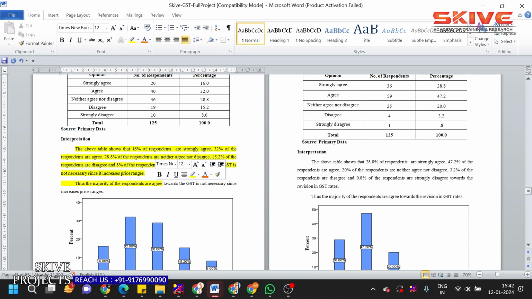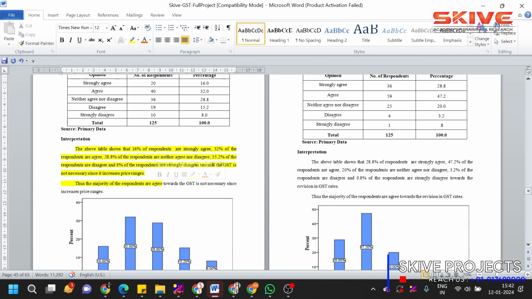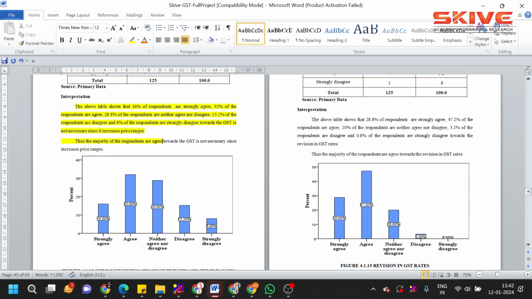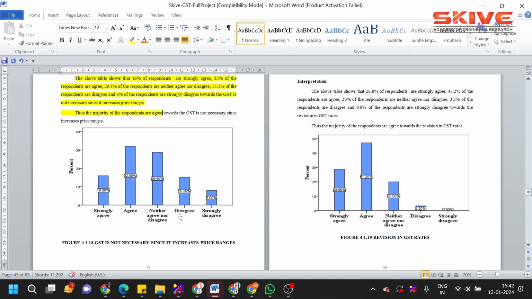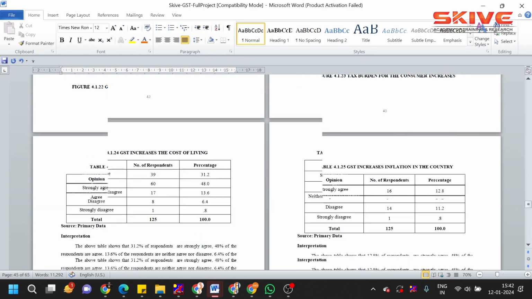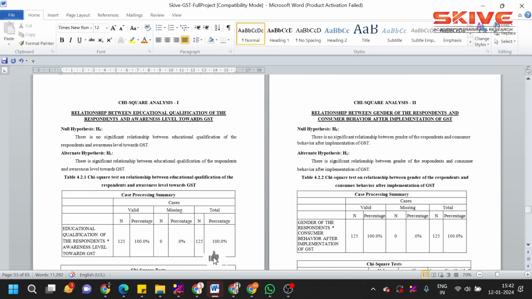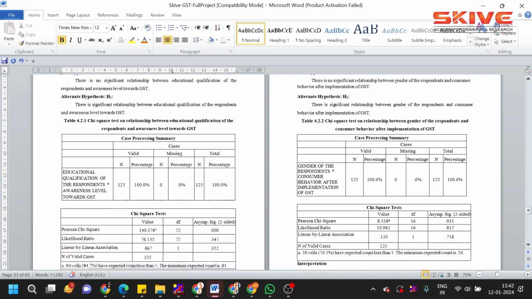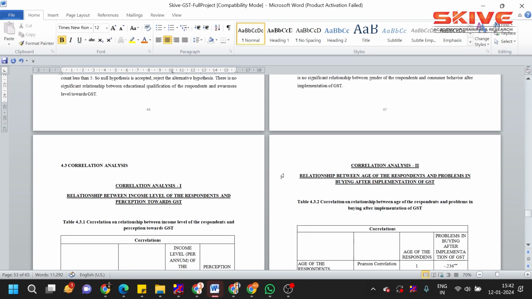The above table shows that 16% of respondents strongly agree, 32% agree, 28% either agree or disagree. Depending on this, a bar graph was designed. This is how the percentage analysis method is processed for all the questionnaires. And this is the chi-square analysis, and this one is the correlation analysis.